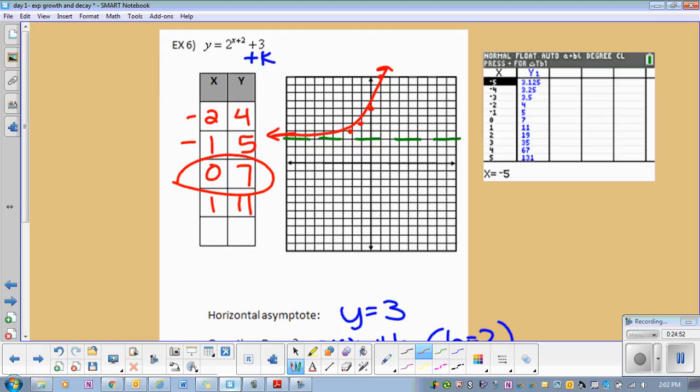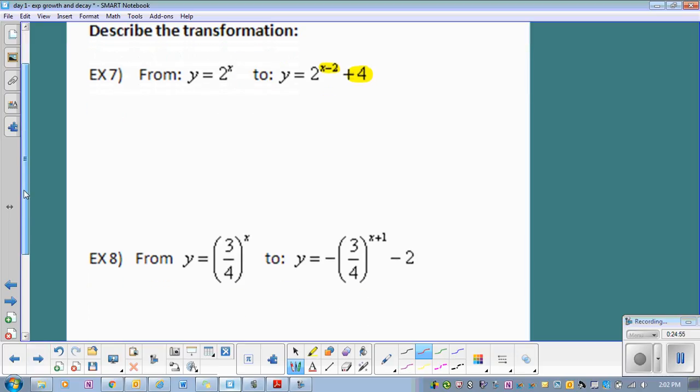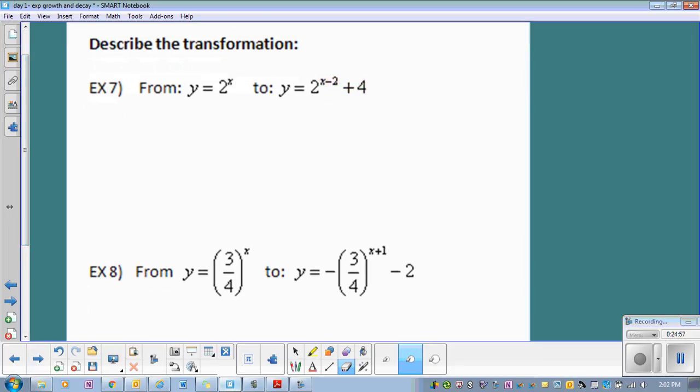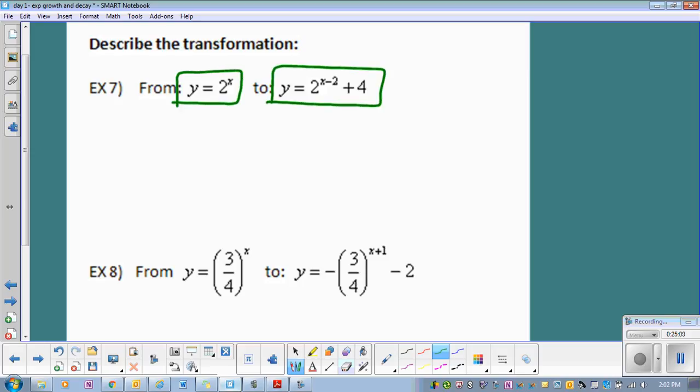Okay. So let's talk about the transformations. Basically, they're saying, write it in words. How did the graph move from this guy to that guy? What extra things were added on there? Okay, we have the +4. What else? Yeah, the x minus 2. Right 2 and what, Mitchell?